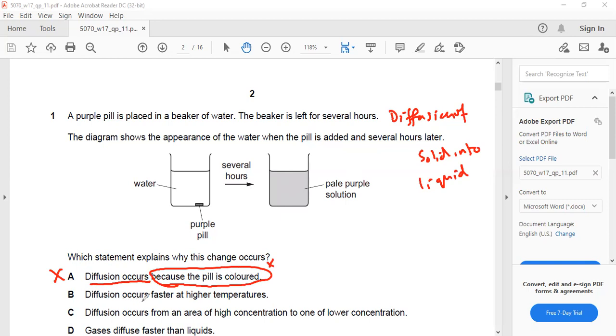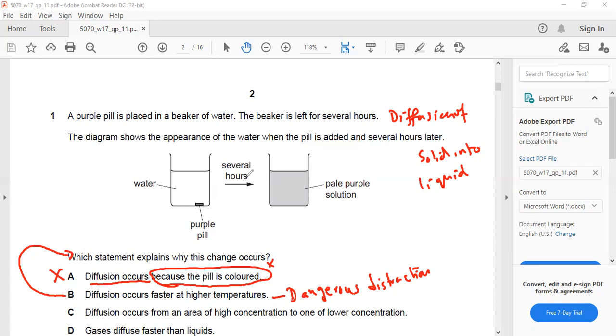Diffusion occurs faster at high temperature. This is very dangerous. I call it dangerous distraction. Why dangerous distraction? Because this sentence is correct. Diffusion occurs faster at high temperature, but it has nothing to do with this explanation.